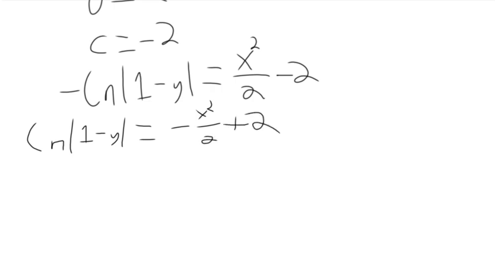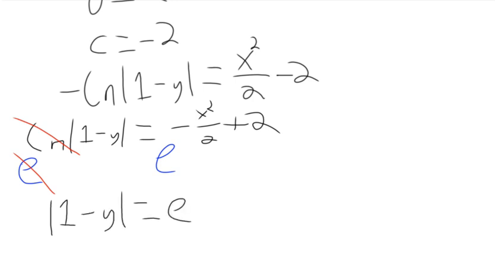Now to get rid of the natural log, I'm going to do e to this power and e to that power. And I don't need to write it like that, because e and natural log cancel out, since those are inverse functions of each other. So we just have absolute value of 1 minus y equals e to the negative x squared over 2 plus 2.